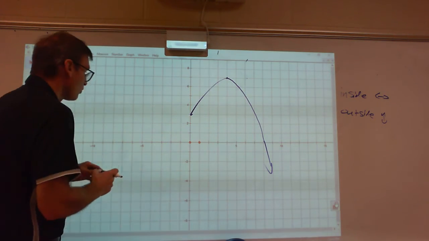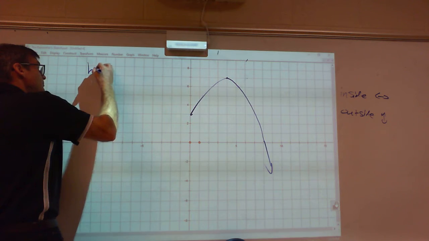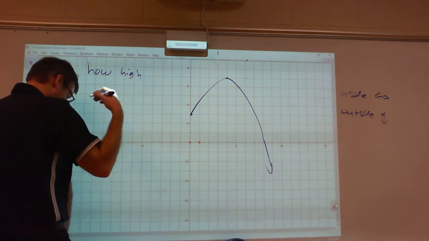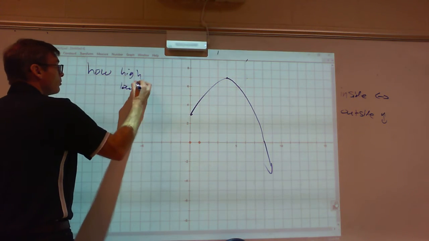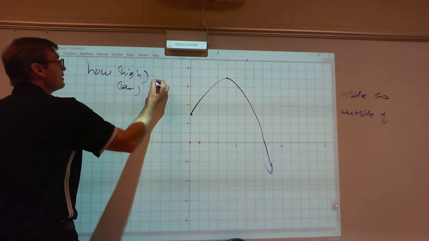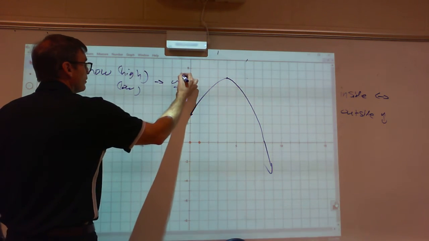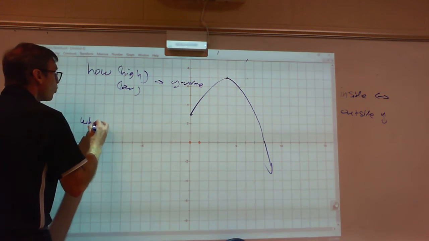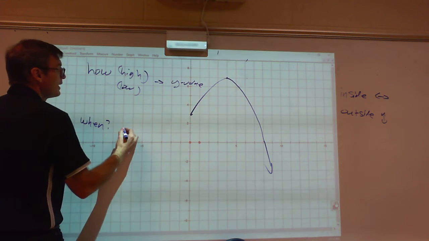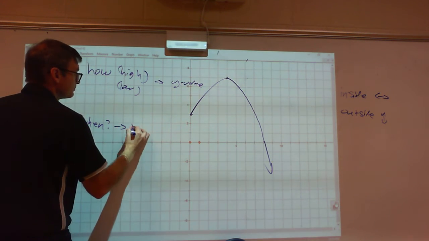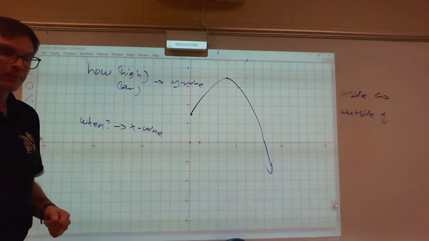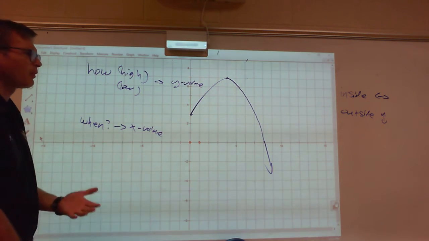Whenever they ask for how high or how low, one of these things, this is looking for a y value. Whenever they ask for when, that means they're looking for an x value.